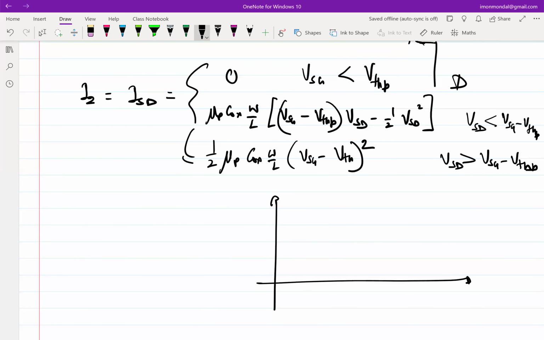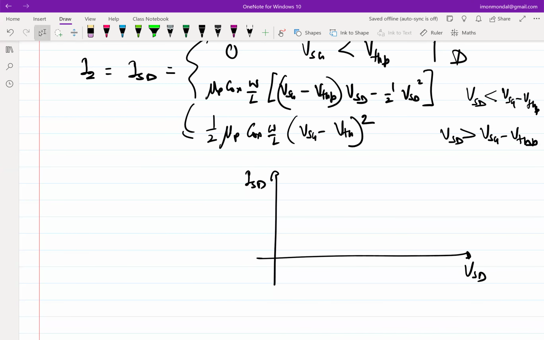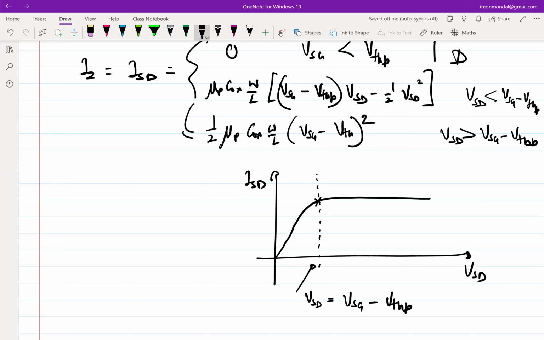Let's draw ISD versus VSD, and then we'll draw Y22. So this voltage here, where I hit, say, VSD is equal to VSG minus threshold voltage, where I say this VSG is equal to VSG1 because ultimately VSG is a parameter when I am sketching the ISD versus VSD plot.